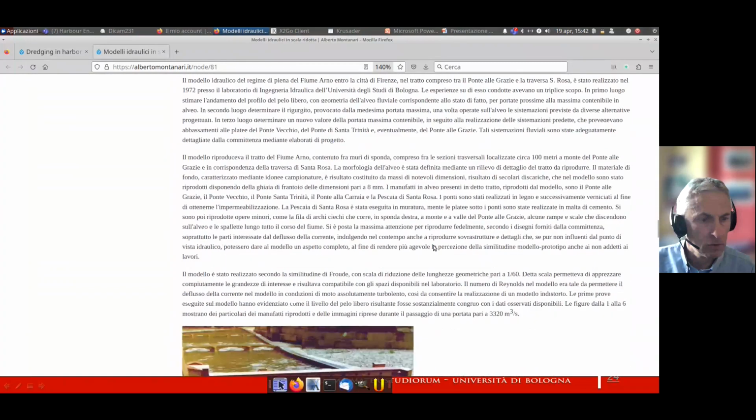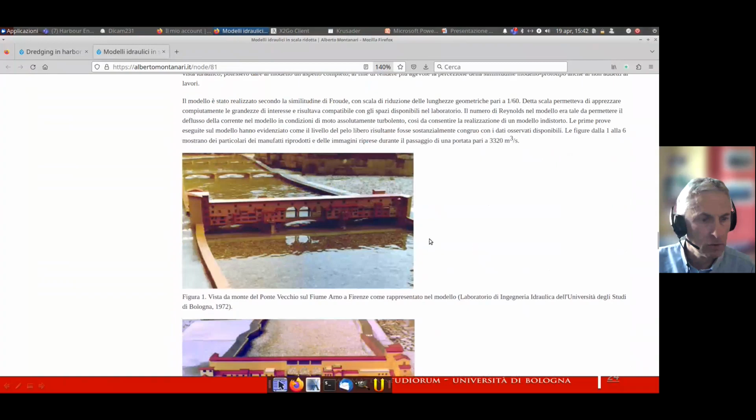I see that there are some formatting problems, and here you can see nice pictures related to some models that were realized in our university a long time ago, actually. This was realized about 50 years ago.